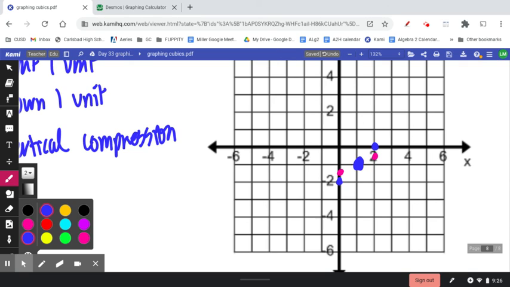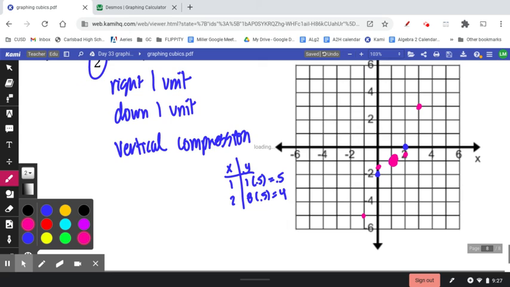Now we can also use those points that we know from that turning point, 1, 1, 2, 8, right? We're multiplying this by half, or just growing half as big. So we can also go over 2, up 4 as well. So from that middle point, we can go over 2 units, 1, 2, 3, 4, up 4, and then back to 1, 2, 3, 4, down 4. All right, so there's my pink points.